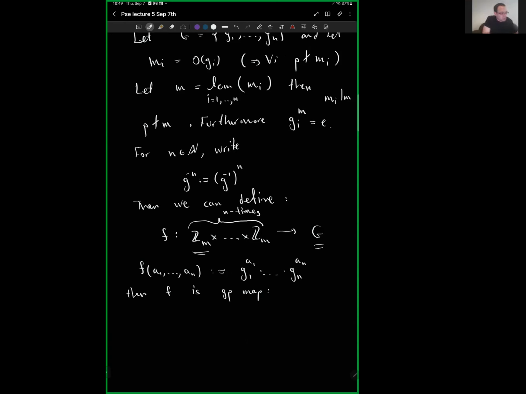So what I need to check is that if I take a1 up to an plus b1 up to bn, I get f of a1 up to an multiplied by f of b1 up to bn.